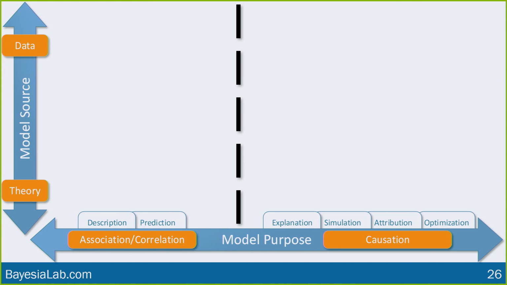The second axis here on this map of analytic modeling is the y-axis, where we show where models can come from. At the top, we have data.